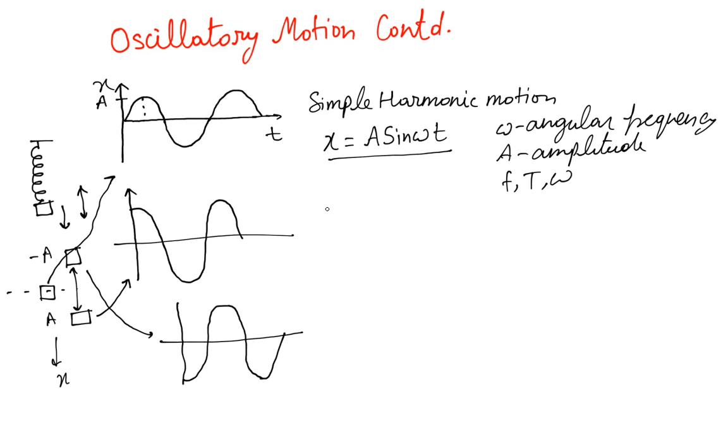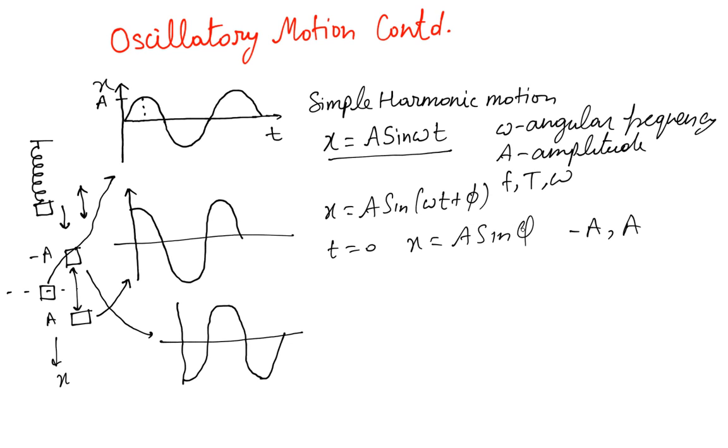This can simply be done by including something called a phase. Now at t equals 0, you can write x equals a sine phi, which can have any value between minus a and a, depending on what phi is.